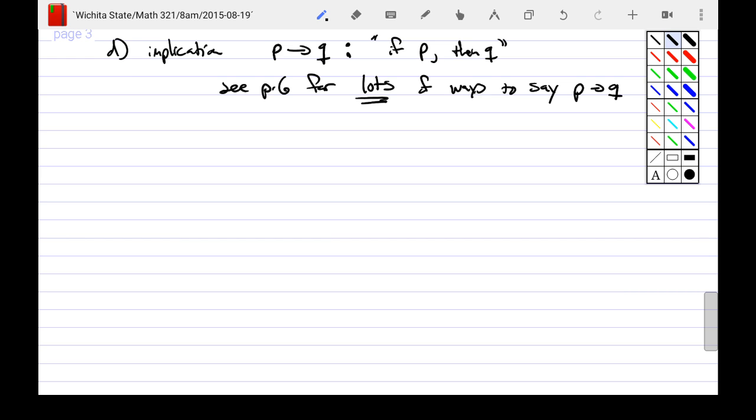Lots of ways. P only if Q. If P then Q. P is sufficient for Q, but Q is necessary for P. There are lots of ways of saying that symbol. The left-hand side is sufficient. The right-hand side is necessary. Why is that?